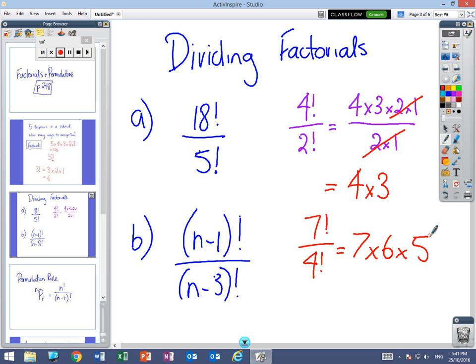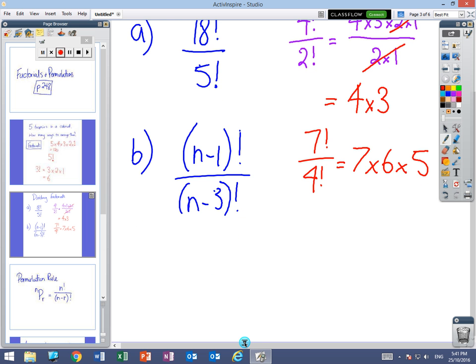So if I did 13 factorial divided by 10 factorial, this would be equal to 13 times 12 times 11. The top one tells you where to start, and the bottom one gives you one below where you've actually got to finish. That's the shortcut.